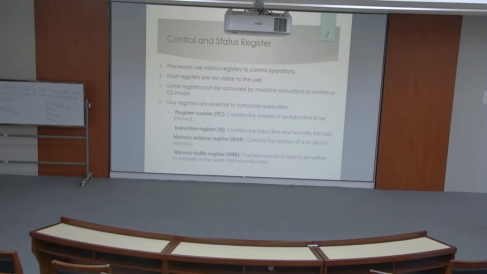So what is the register which contains the address of the next instruction to be fetched from the memory? The register which contains the address of the instruction to be fetched from the memory is PC, program counter.